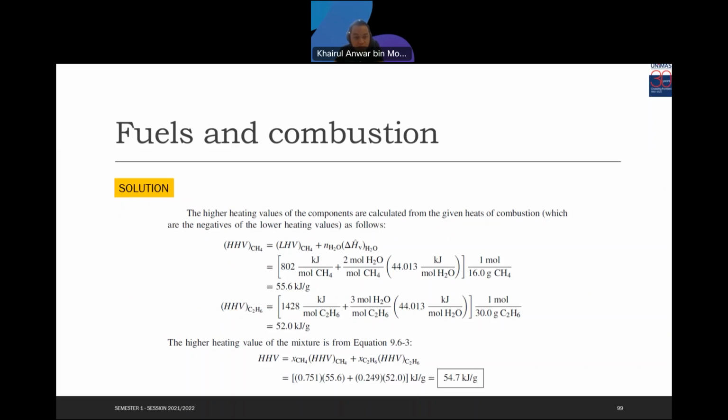So this equals 50 kilojoule per gram. The higher heating value of the mixture is from equation 9.6-3. In our case, this is the mass fraction times the higher heating value for ethane and methane. The HHV of the mixture is 54.7 kilojoule per gram.